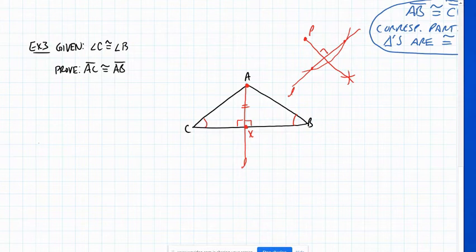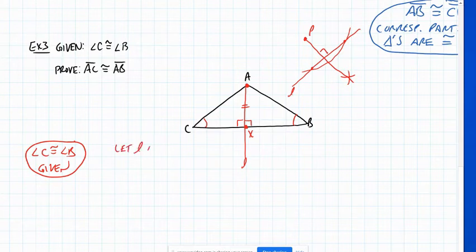So I'm going to write this up as a flowchart proof. First we have angle C is congruent to angle B, and that's given. And then we said let L be the line through A that is perpendicular to CB.